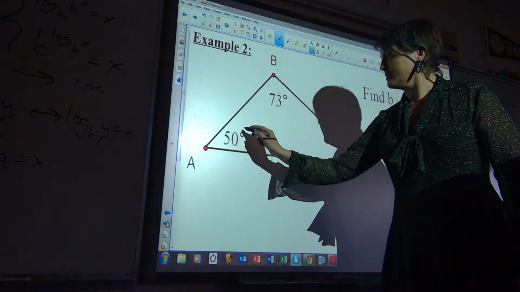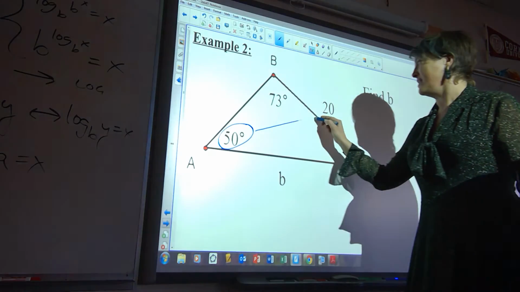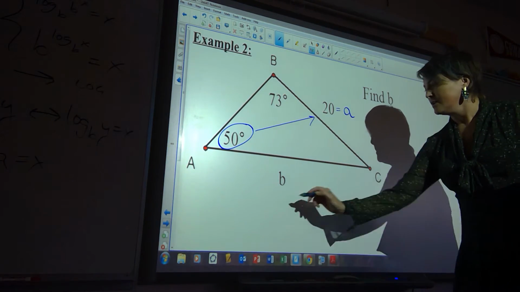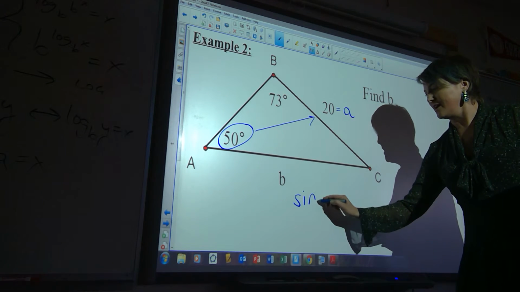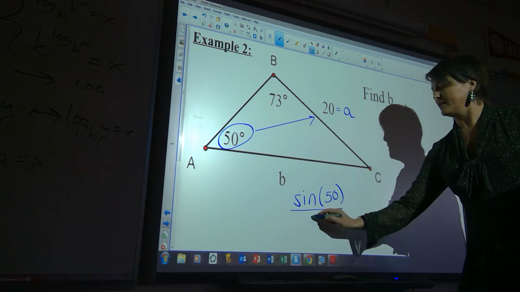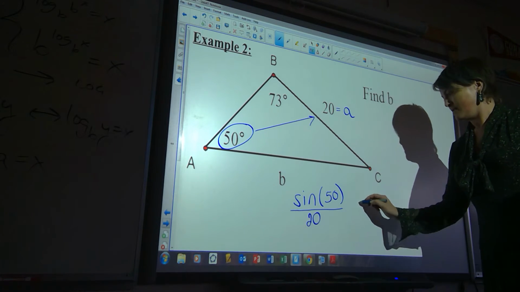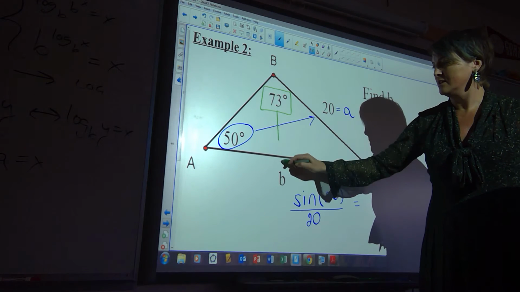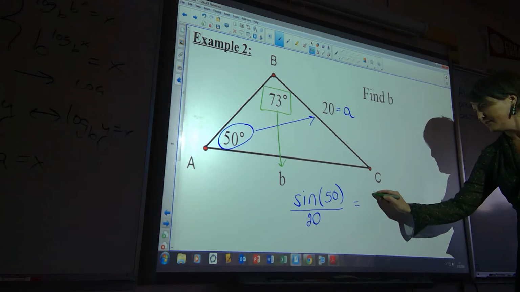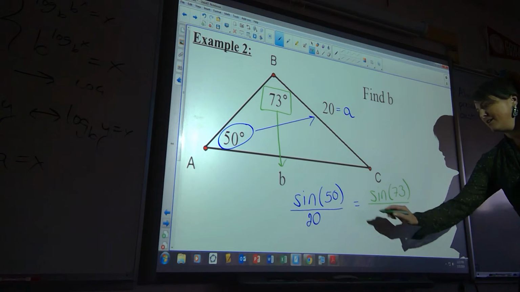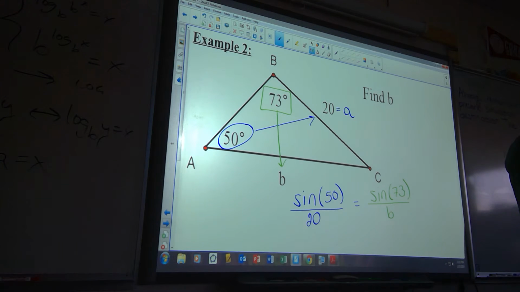So for here, if I know that this is 50, this is little a, I could have sine of 50 divided by 20 equals, let's see here, this goes with that, so sine of 73 over little b.